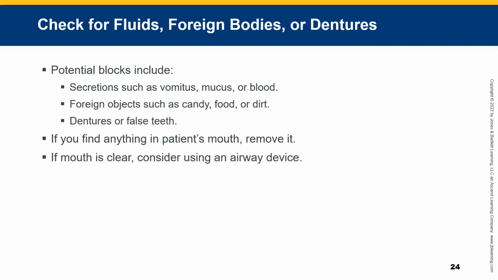If you find anything that's very visible in the patient's mouth, then you need to remove it. If the patient's mouth is clear, consider using one of the devices described in the section on airway devices, which will be covered separately.